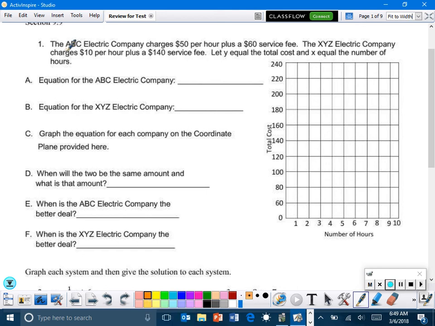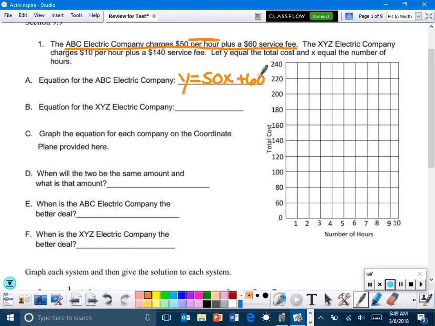All right, ABC Electric Company is right here. So remember, equations need an equal sign, so Y equals. It says $50 per hour, so that's 50x plus 60.